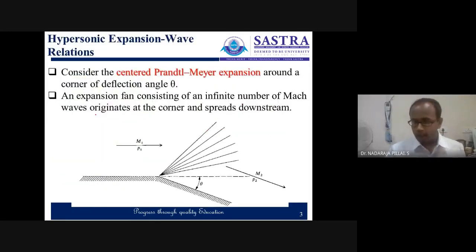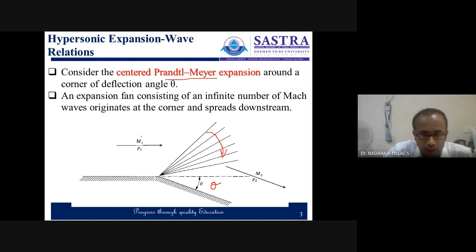Now, let us consider a centered Prandtl-Meyer expansion. So here, Prandtl-Meyer expansion around a corner of deflection theta. So you have a theta here, and the expansion fan consisting of an infinite number of Mach waves originating at the corner, and spreads downstream.